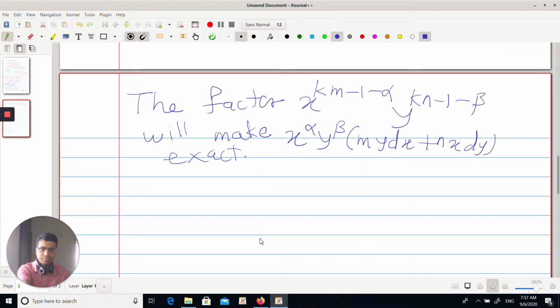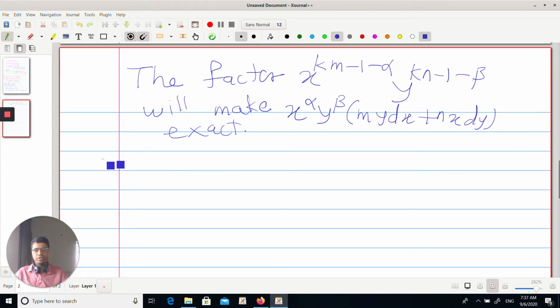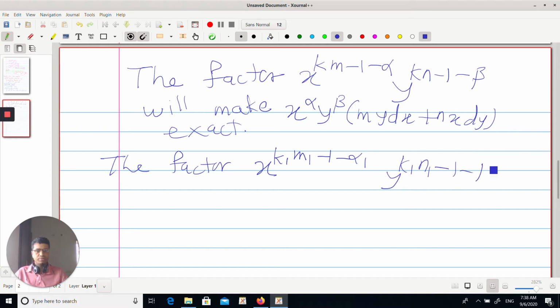Similarly, the factor x raised to, now k and k1 are unknown. So here we take x raised to k1 m1 minus 1 minus alpha 1, y raised to k1 n1 minus 1 minus beta 1.